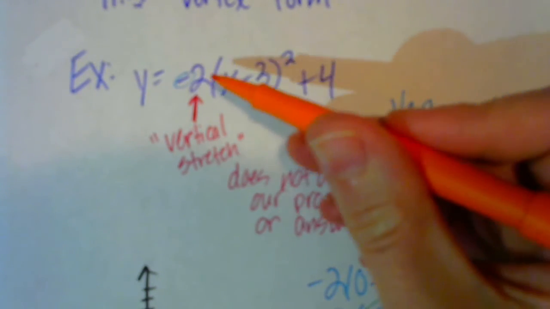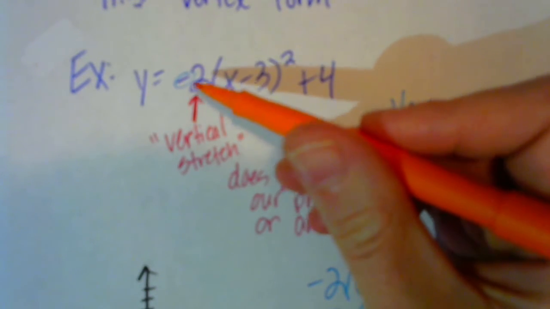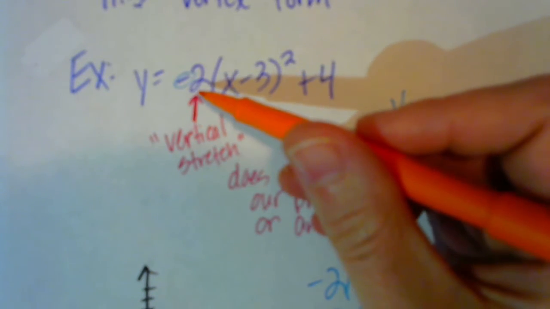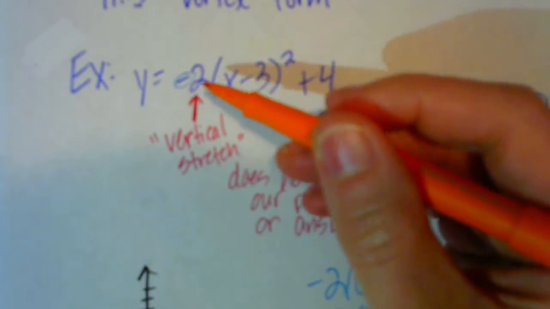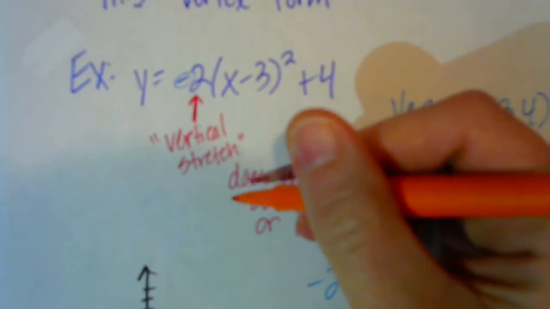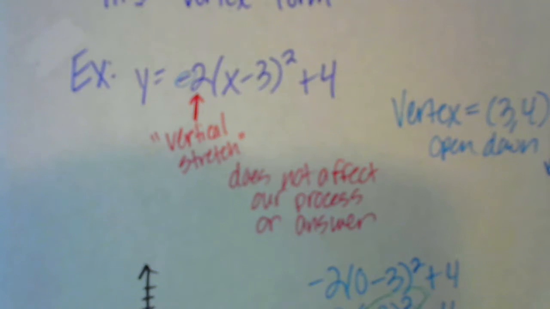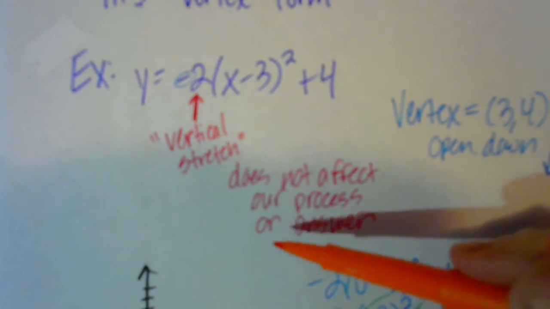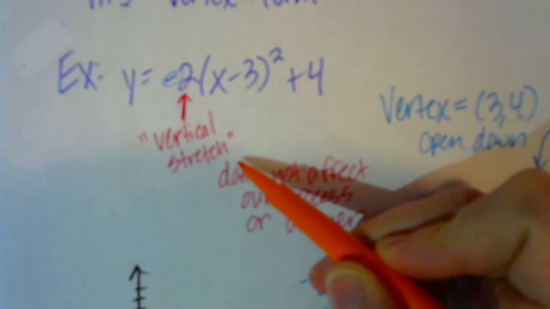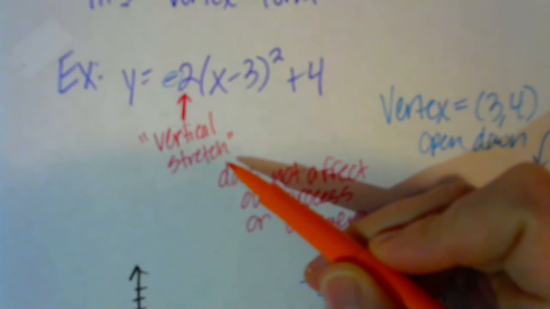But whenever there's a number, a coefficient that's not 1 or -1 in the front, and it's in vertex form, it means that there's vertical stretch or shrink present. It means that your parabola is going to be skinnier or more narrow or wider, okay? That's just information for you. You're not going to have to say vertical stretch or shrink, but that's what makes your graph wide or narrow.